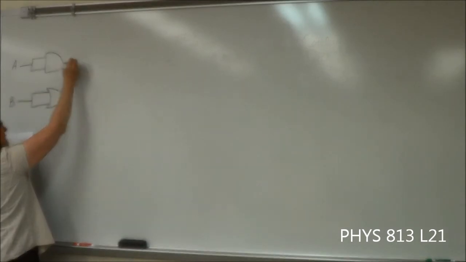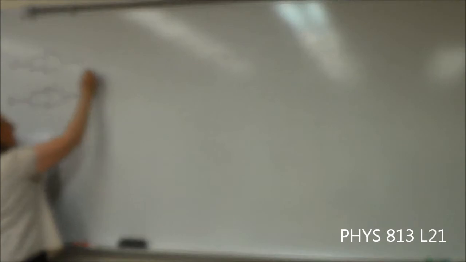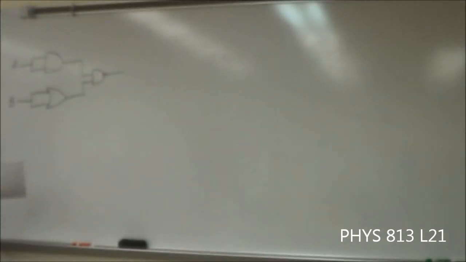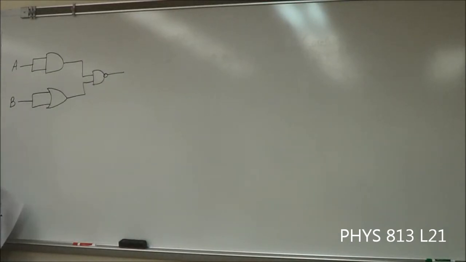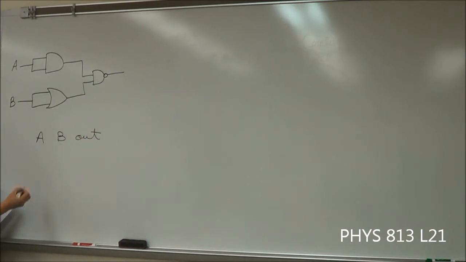Then we're going to take the input of both of these and put them into a NAND. Okay. And since we have 2 inputs, we're going to have the same kind of looking thing for the truth table. We have A and B, so it's always 0, 0, 0, 1, 1, 0, and 1, 1.